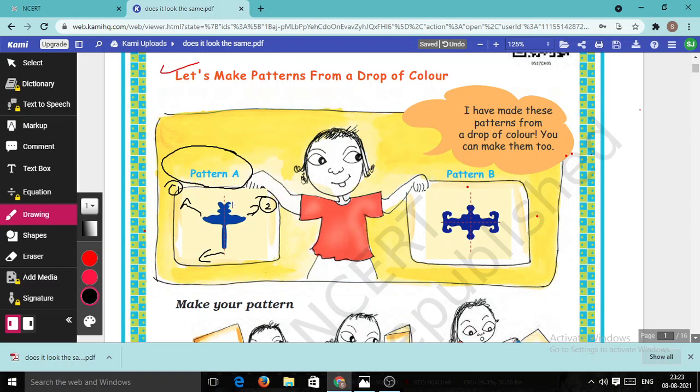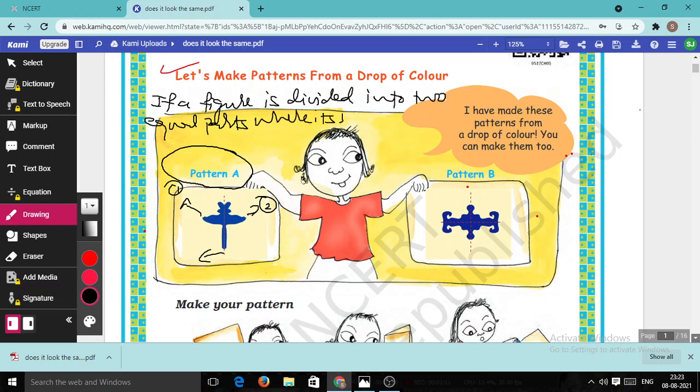If a figure is divided into two equal parts where its shape, size and color are equal, then it is called a mirror half.